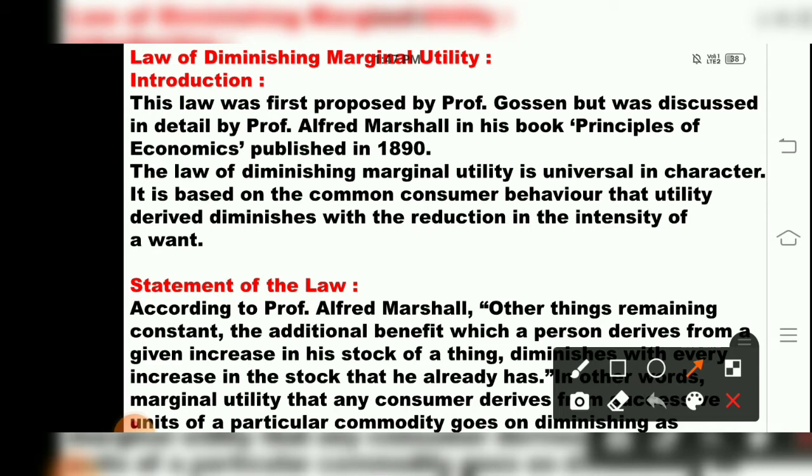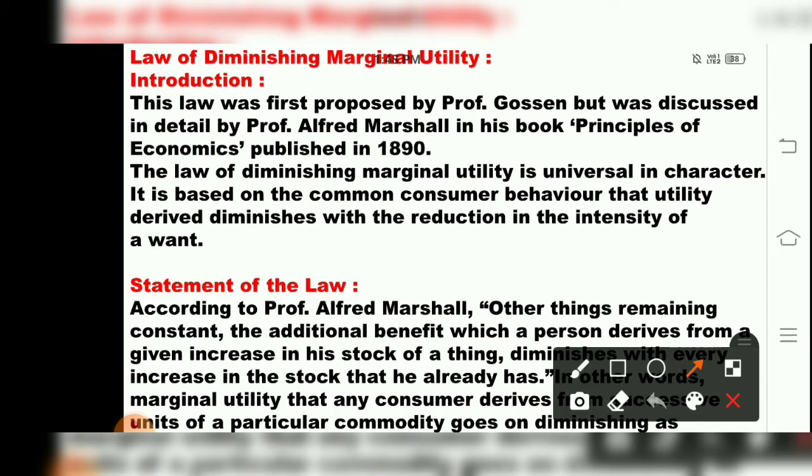So the law of DMU, that is diminishing marginal utility, is universal in character and it is based on a common consumer behavior: that utility derived diminishes with the reduction in the intensity of a want. So see, in the introduction part, what has been told is that this law was introduced, proposed by Professor Gossen, and it is also called Gossen's law, children.